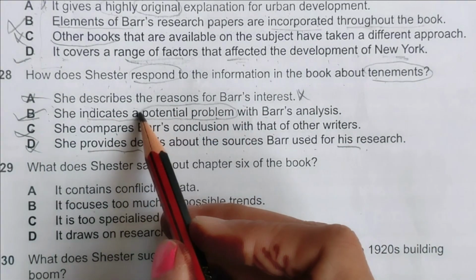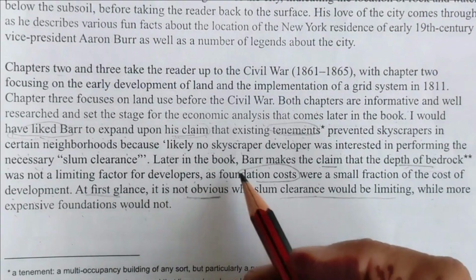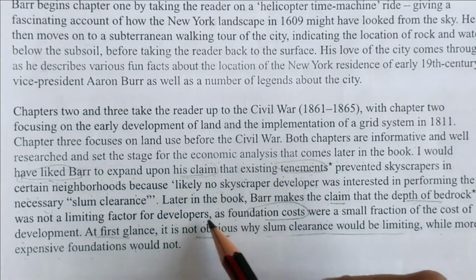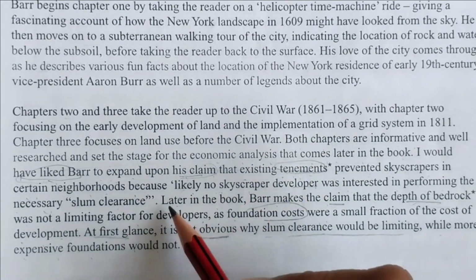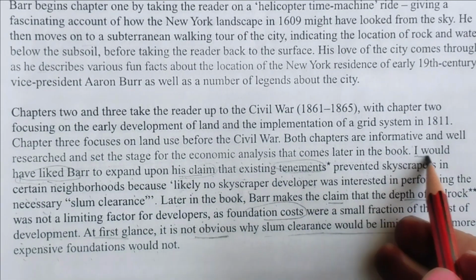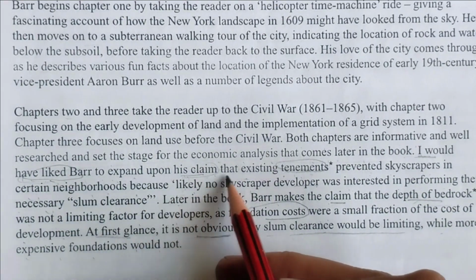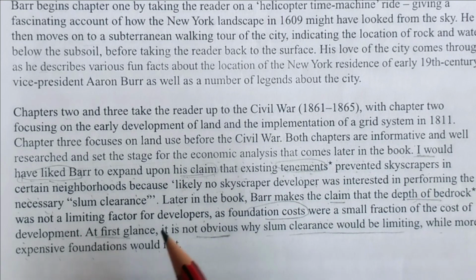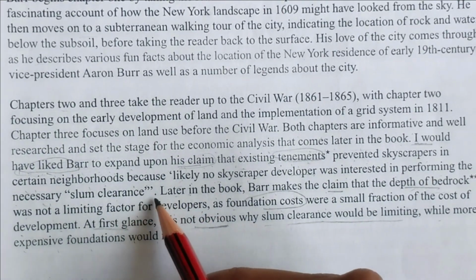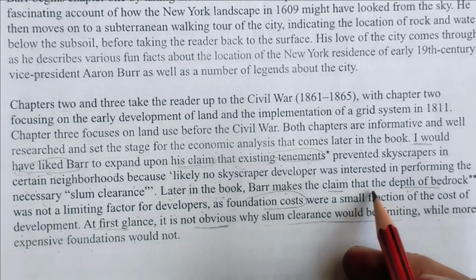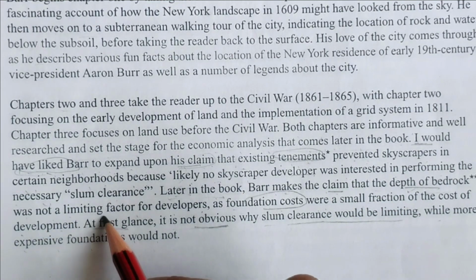So where is the potential problem with Burr's analysis? He has claimed twice, and she is saying potential problem. Here I can see these words: I would have liked Burr to expand his claim, and later in the book he makes another kind of claim that the depth of bedrock was not a limiting factor.